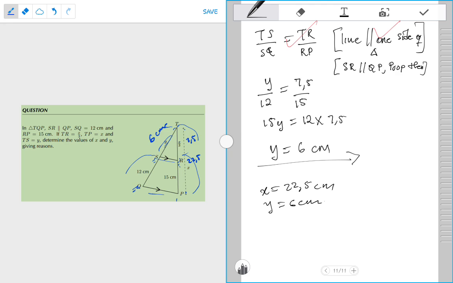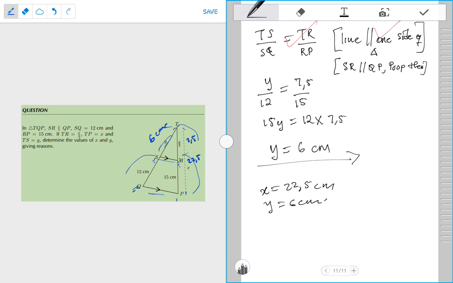Now we just did the triangles. We just played around with the first theorem, which is the proportion theorem.